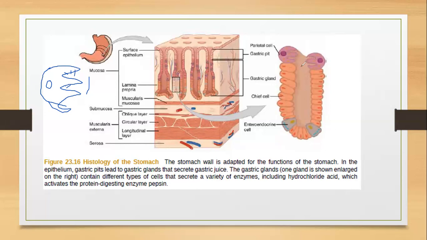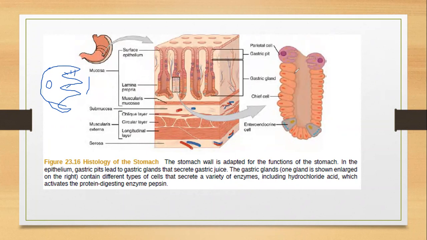So as you go lower, we've already discussed the mucus producing cells, and now we have discussed the parietal cells. We are going to come across now the zymogenic cells, the ones that produce the enzyme. You can see these are the most numerous within the gastric pit or within the gastric gland.